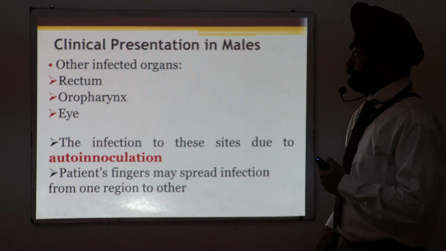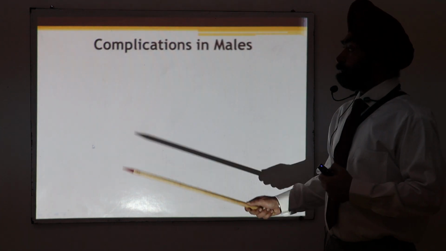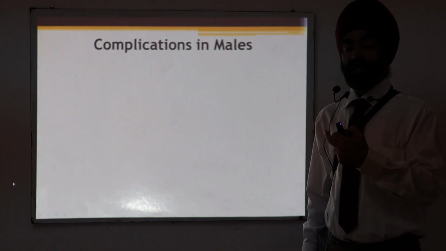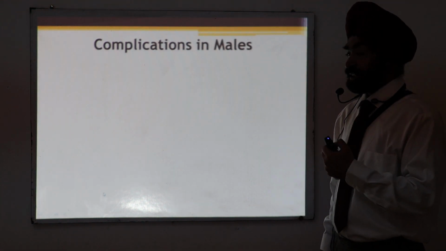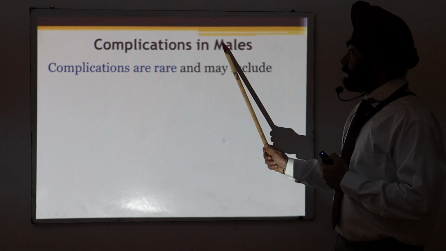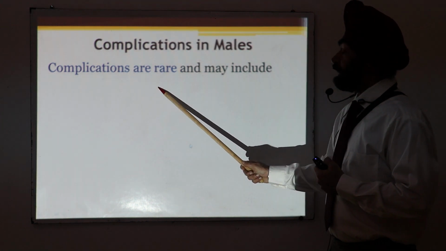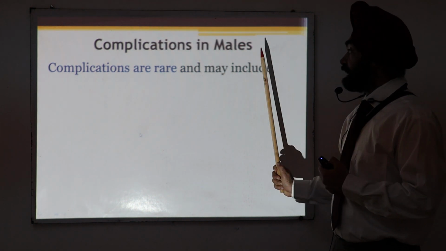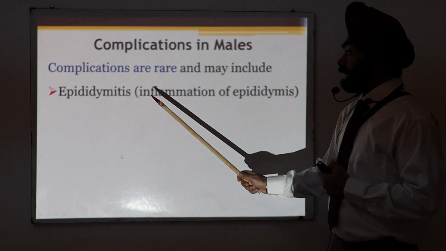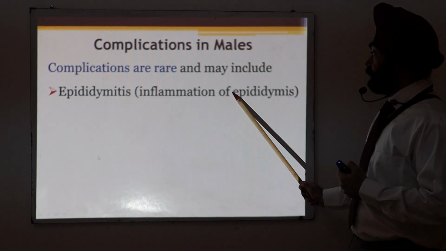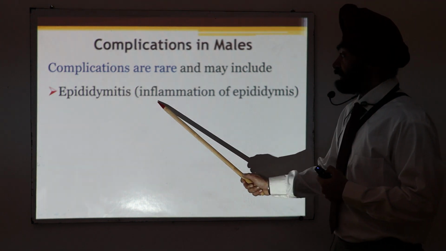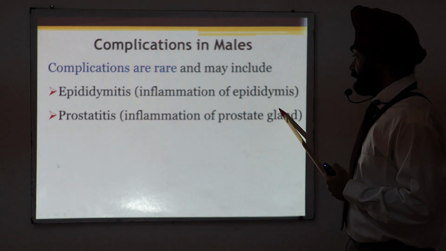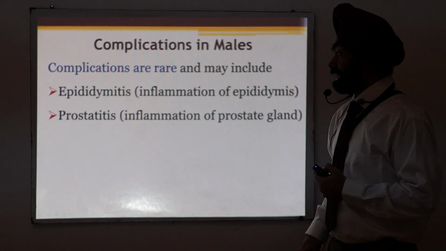Now, coming to the complications, that means if the infection is not controlled, how it can cause long-term damage in males. In males the complications are relatively rare, not that frequent. But if they happen, they may involve inflammation of the epididymis, called epididymitis, then inflammation of the prostate gland, prostatitis.